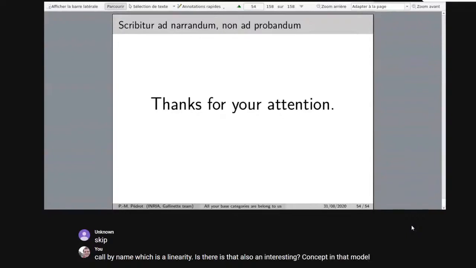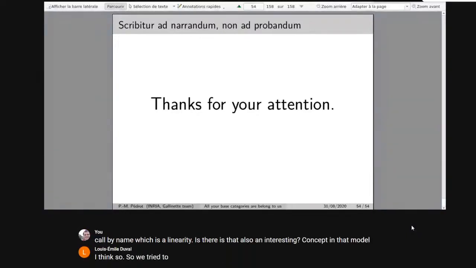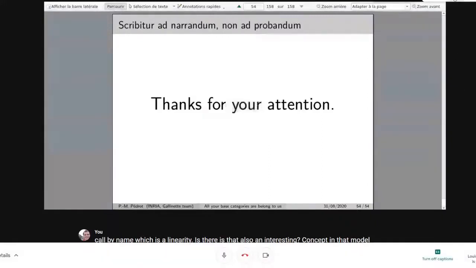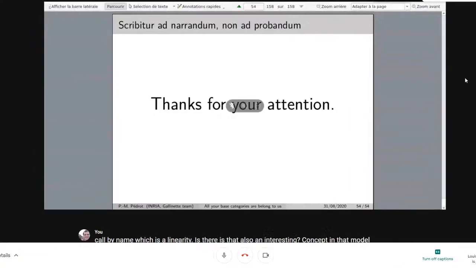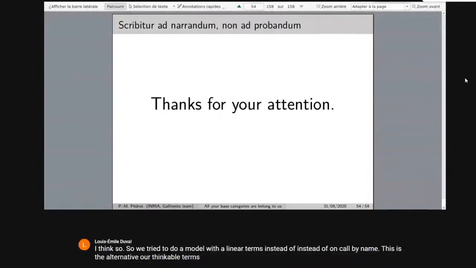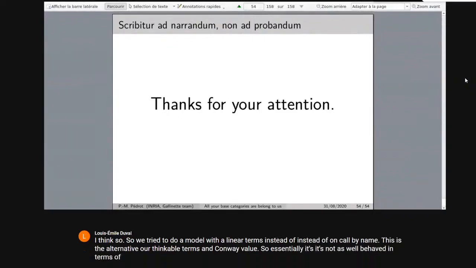I think so. We tried to do a model with linear terms in call by name, instead of thunkable terms in call by value. It's not as well behaved in terms of intentional content as parametricity, although you essentially get the same thing in the end.